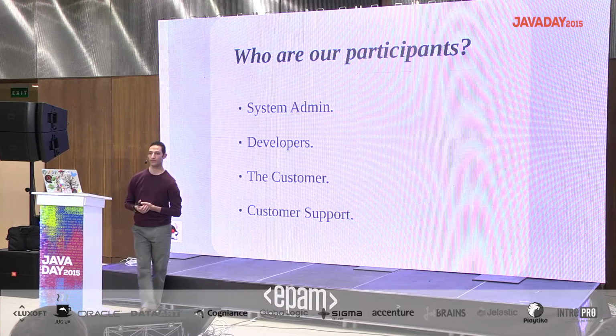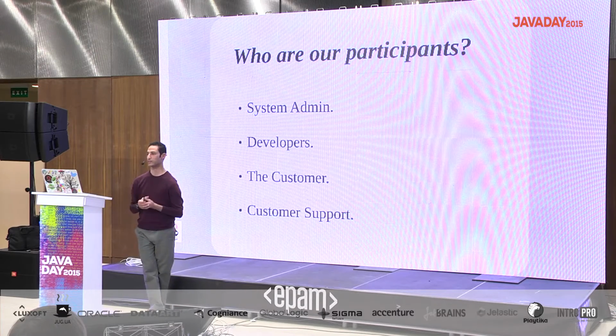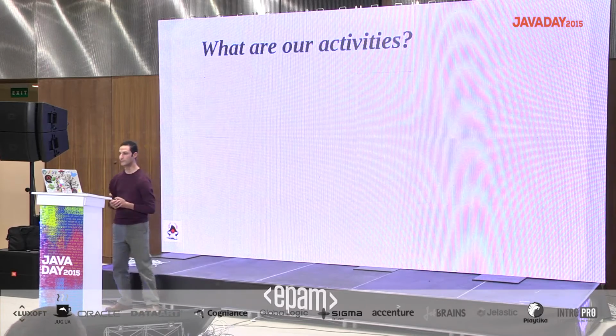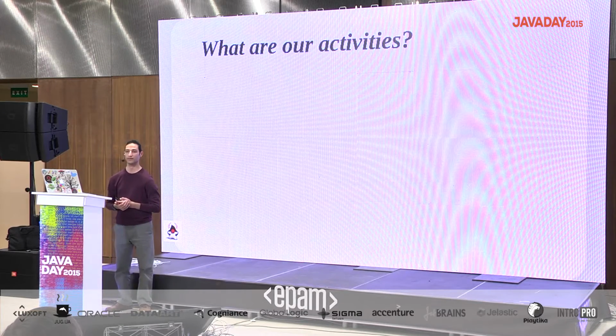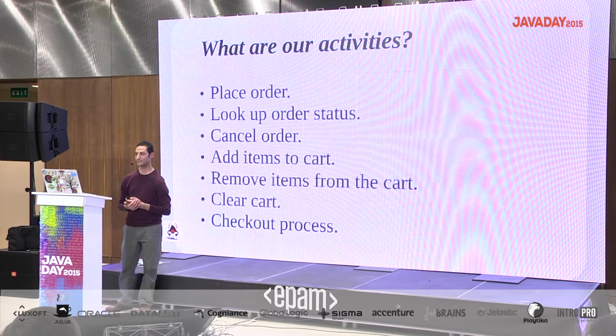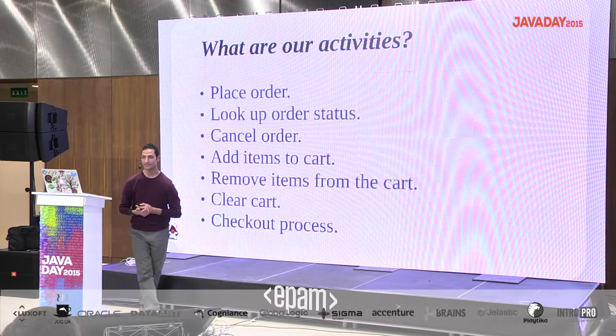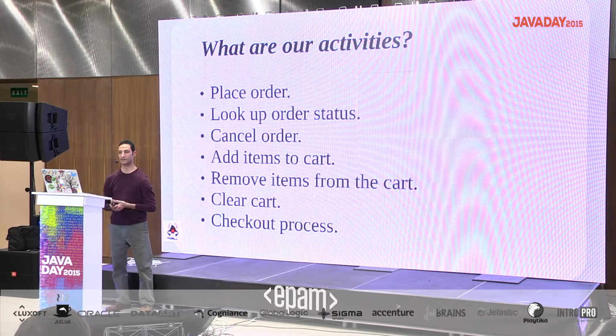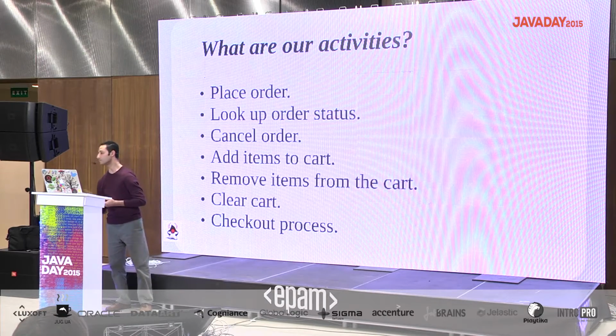The next step, after identifying participants, is to identify their activity, how they interact with each other in some sort of order. So what are our activities? Place an order, look up order status. Who is placing an order? Yes, the customer.